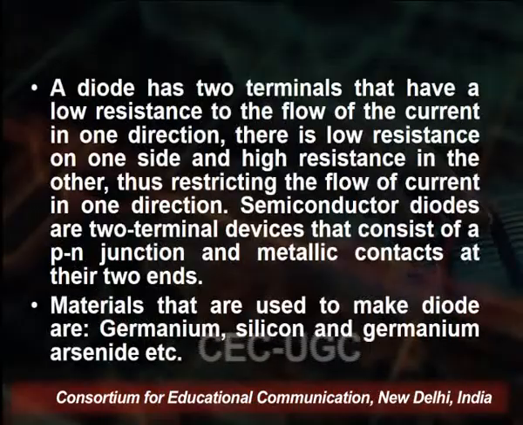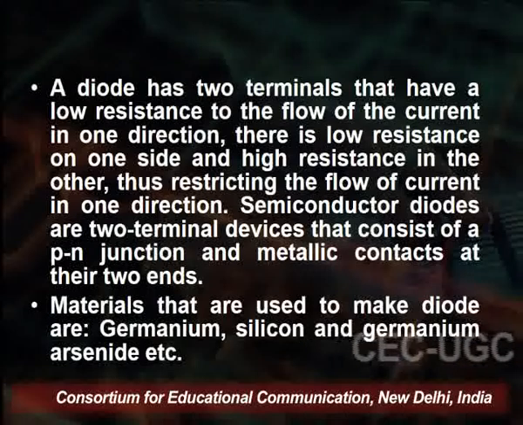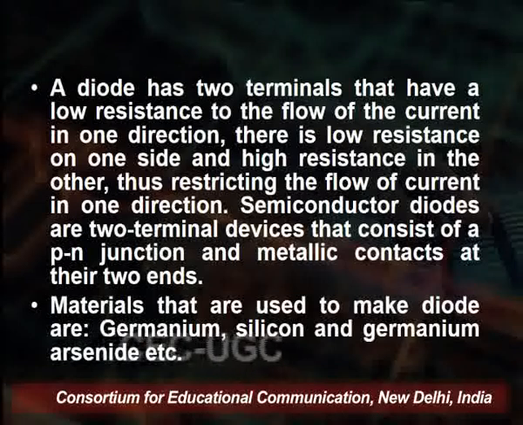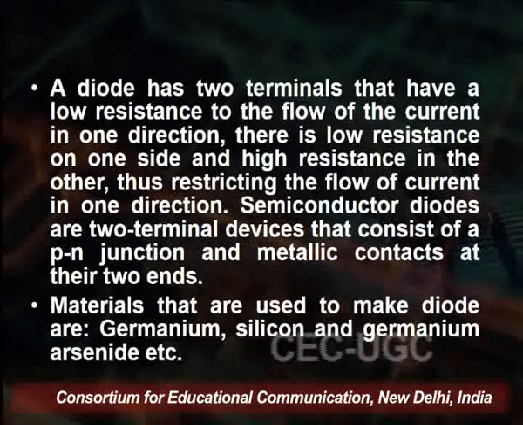You all know about P and N, and we will discuss further what P and N are. The P N junction has positive and negative terminals, and as you can see in the diagram, metallic contacts are attached at both ends of it.